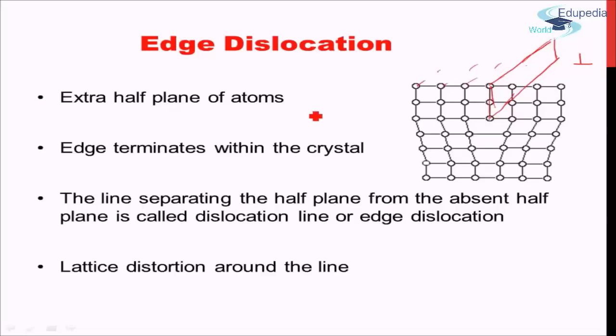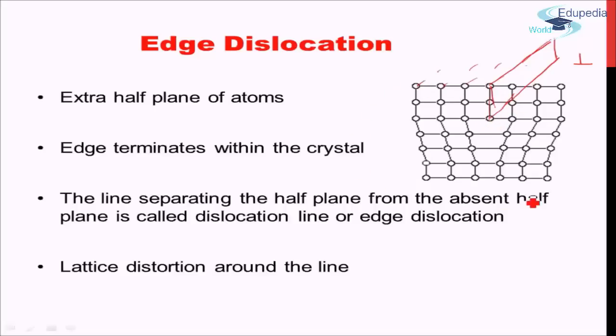Okay, so that is the definition of edge dislocation, the condition for edge dislocation, that there has to be an extra half plane of atoms. And this edge of the extra half plane terminates within the specimen, right? This is terminating somewhere within the specimen.